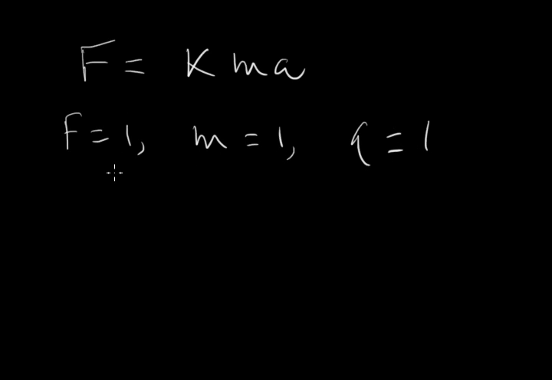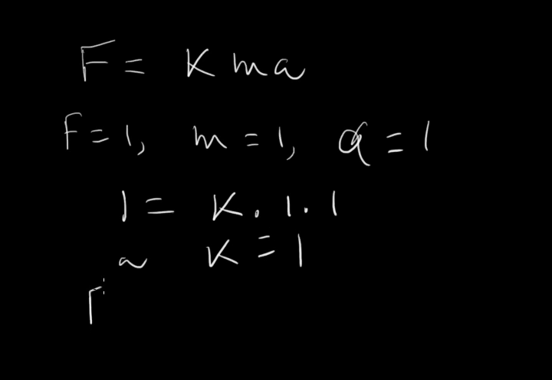Then it becomes 1 equal to k into 1 into 1, or k equal to 1. And if k equal to 1, then F equal to 1 into ma, that is F equal to ma. So force equals mass into acceleration. It is the most important formula.